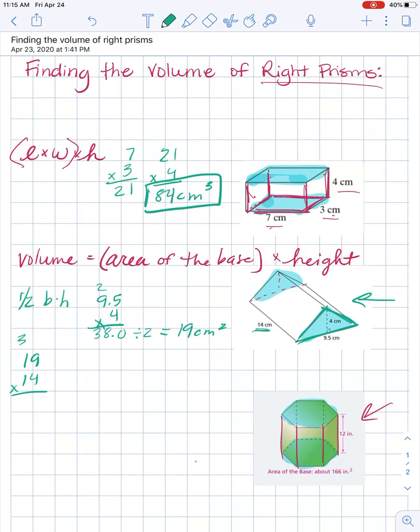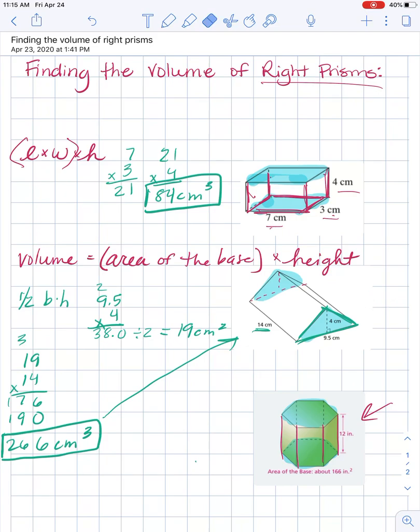Did I do that right? Yeah, there we go. 266 centimeters cubed, because we're talking volume. So 266 centimeters cubed is our volume for this triangular prism.